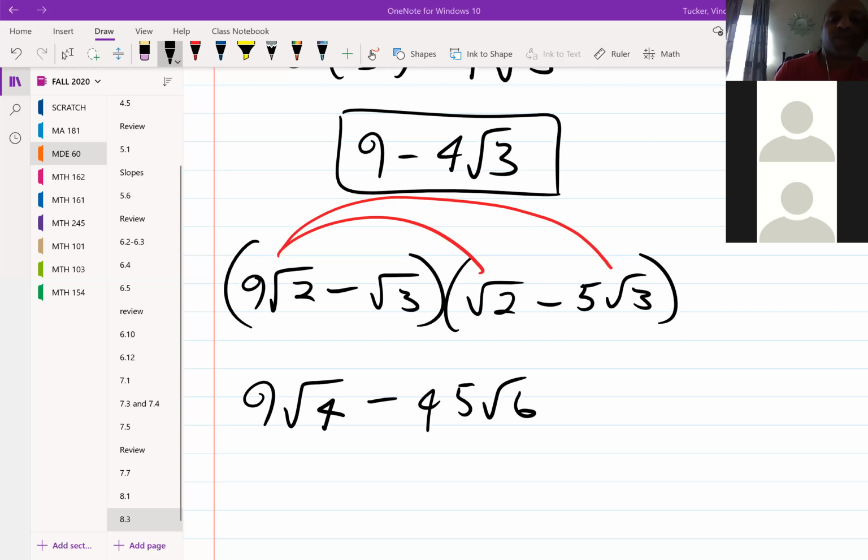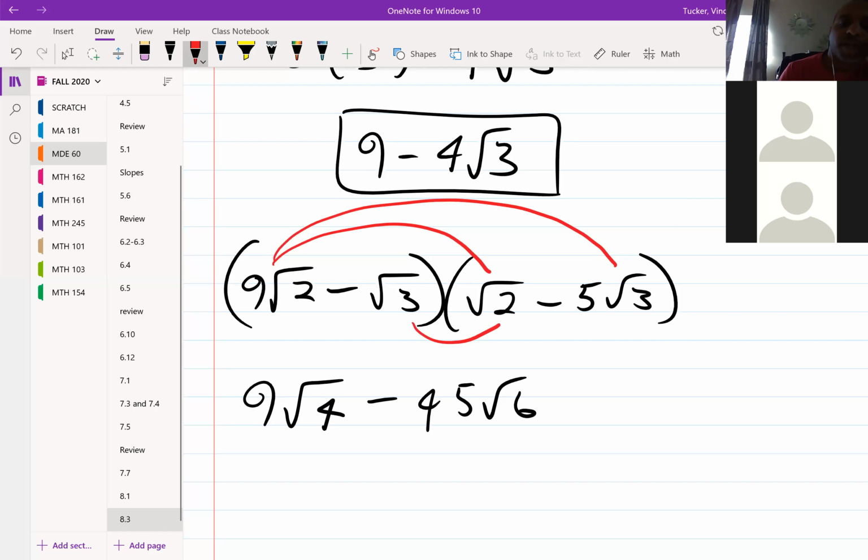Okay, so all I said was 9 square root of 2 times the square root of 2 is 9 square root of 4. Then 9 square root of 2 minus 5 square root of 3. Just multiply 9 times 5, which is 45, and then 2 times 3 under the radical, which is square root of 6.